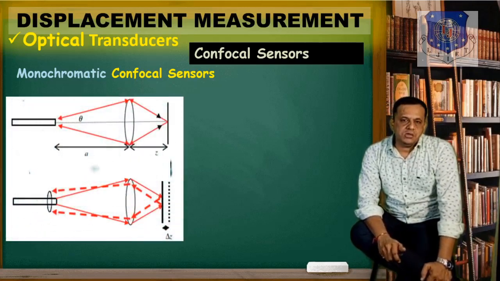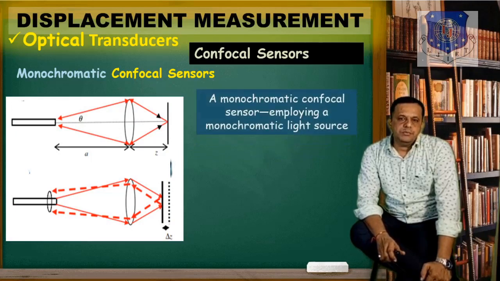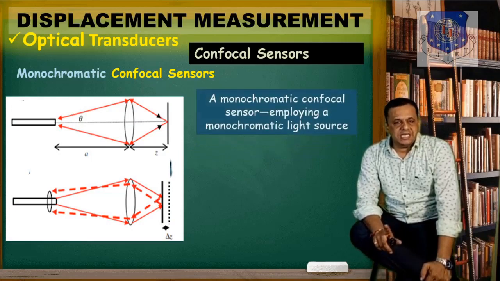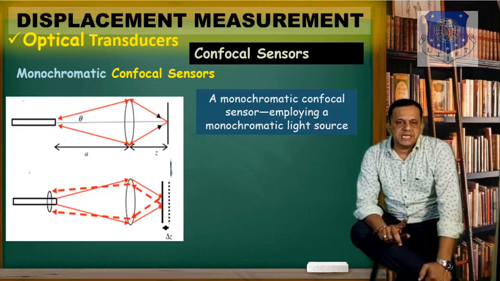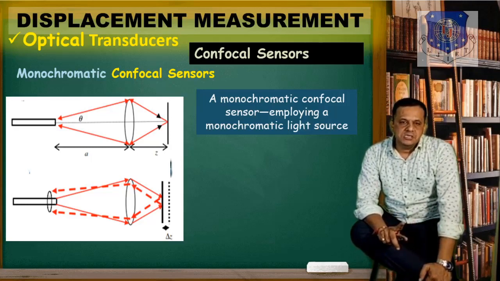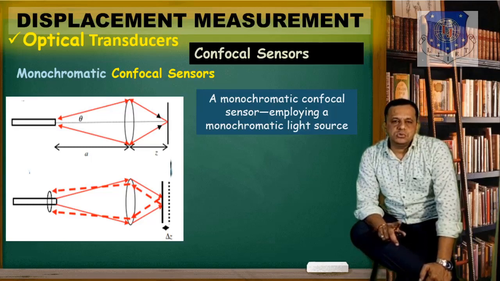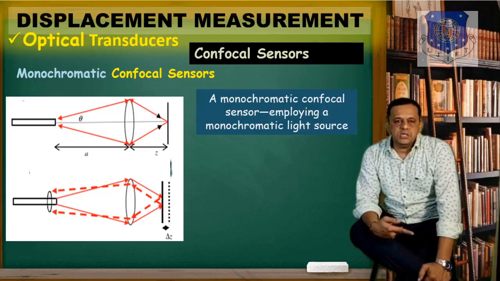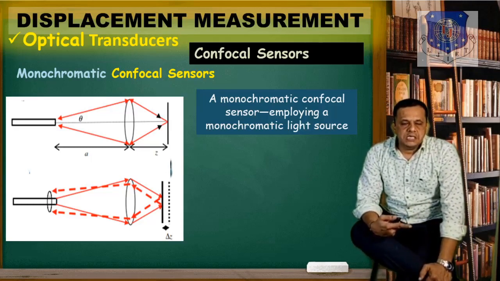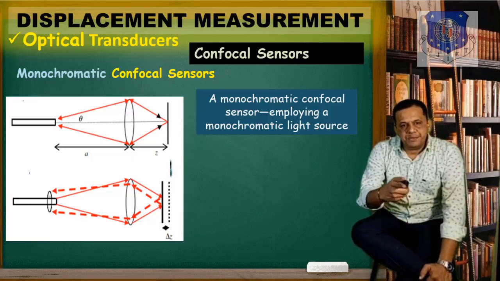In the monochromatic confocal sensor, we use monochromatic light, that is, a single wavelength, which you see in the diagram with the theta angle. It is sent through the lens to the object at a distance a plus z, comes back, and is detected.